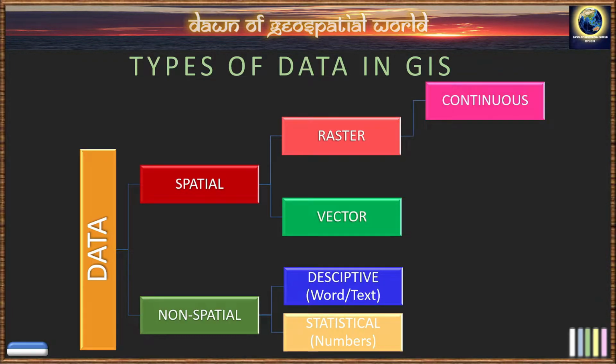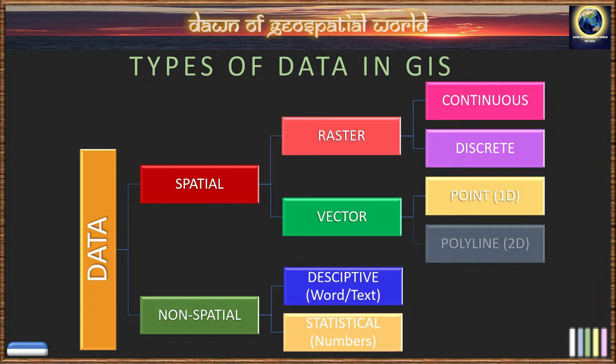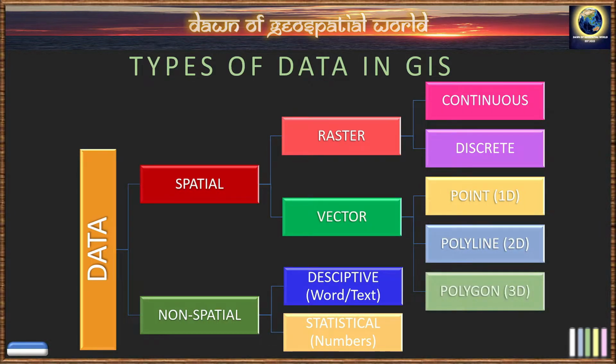Raster data is further categorized into continuous and discrete data. Vector data are three types, point, which is a 1D data, polyline, which is a 2D data, and polygon, which is a 3D data.